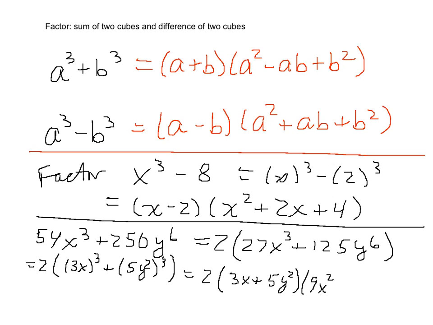Times 9x squared minus 15xy squared, oh, I think I can make it, plus 25y to the fourth. Whew, made it. So I was just using the top rule up here, and you should be able to see how a is 3x and b is 5y squared. So a plus b, this is a squared, this is minus a times b, and this is b squared.